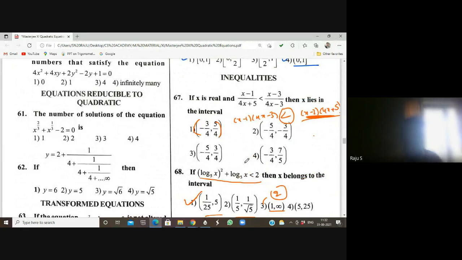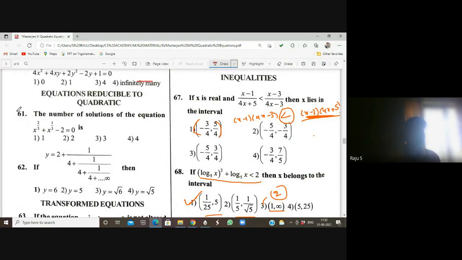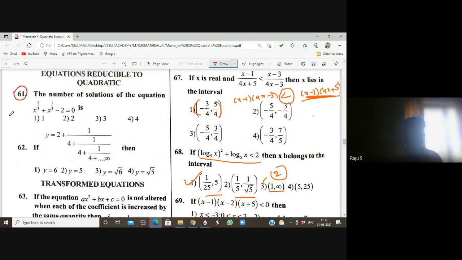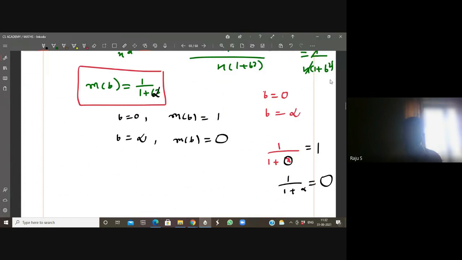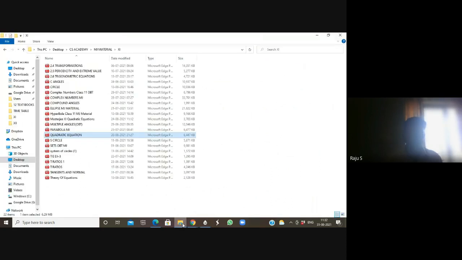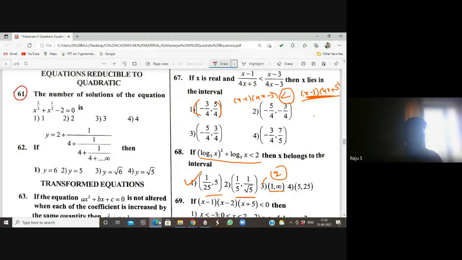Coming to question number 61, very easy and very important. This kind of question is an equation reducible to a quadratic. So simple, students. Can you tell me the equation here? This kind of question is important and easy.